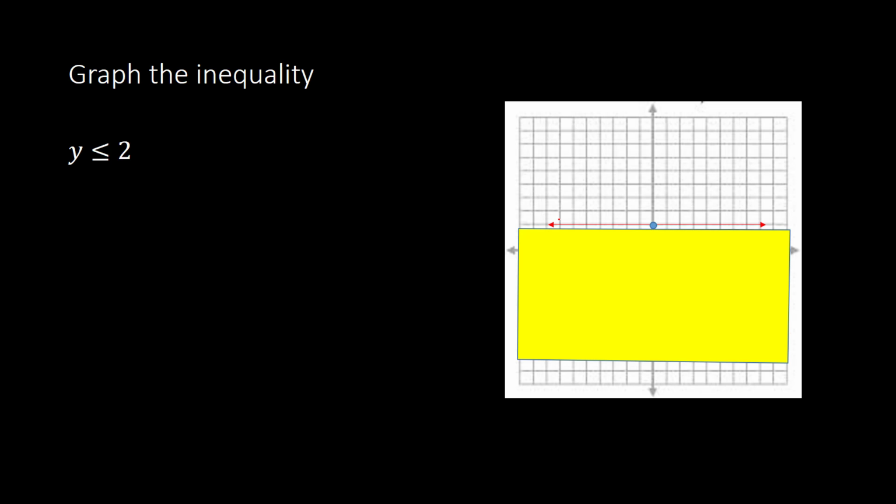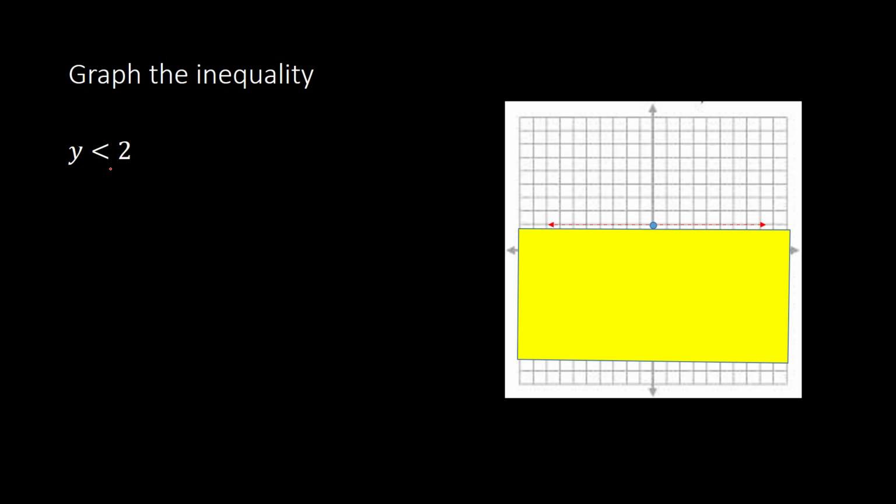Now if we have the same inequality, just change it to a less than or equal to. You're going to have the same line, and then instead you're going to shade in below because it is less than or equal to. Y is smaller as you go down the graph. Same inequality, just with a less than sign instead of the equal component. So we have the same line. The only difference is it's going to be a dotted line.